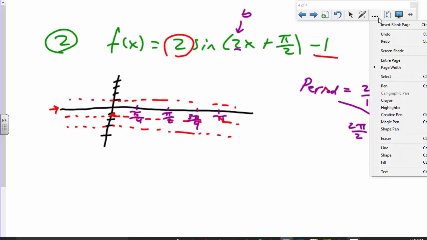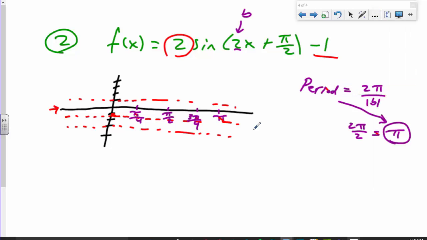Okay, so now the goal here is to find some points on the graph. So I'm going to get my unit circle here. I have a point, top and bottom, and this coordinate here is 0, 1, and this angle here is pi over 2.